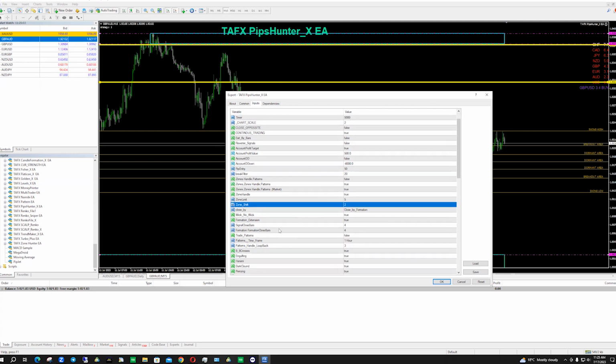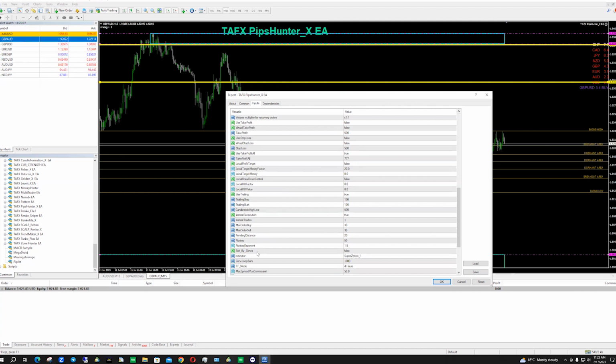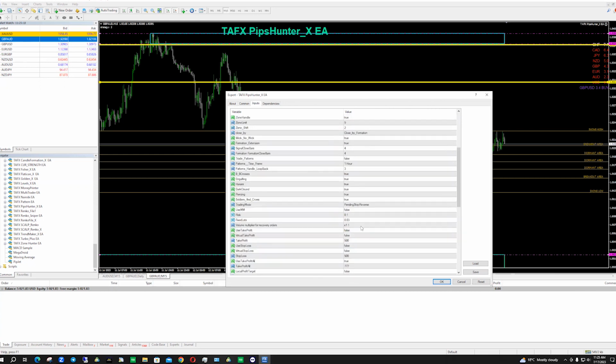So let me check this exit by zone. There is this one, exit by zone. You will set this exit by zone to true. From there, we are going to check what we call... let me check it here.